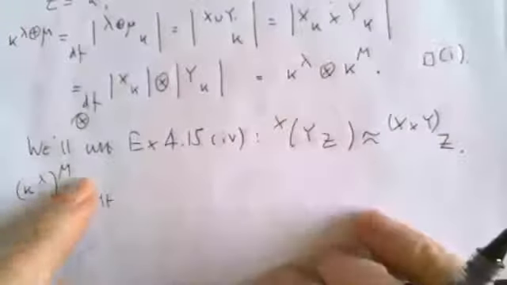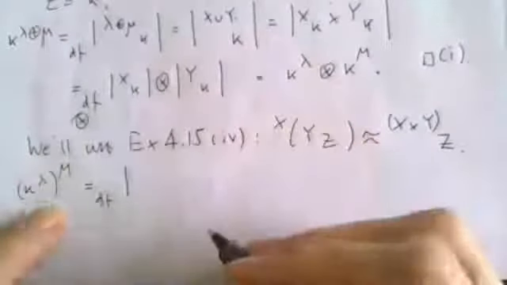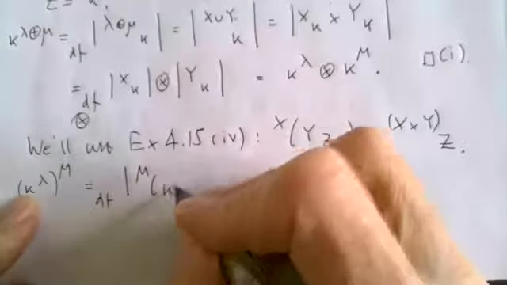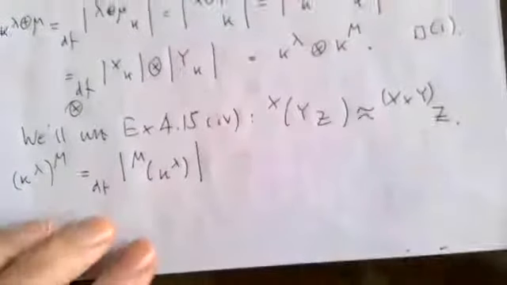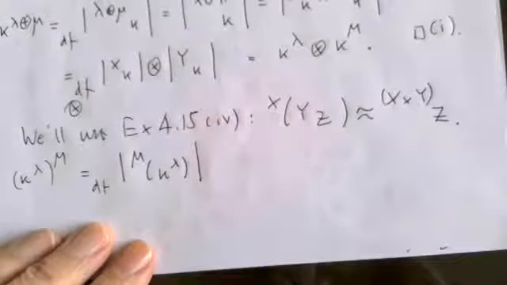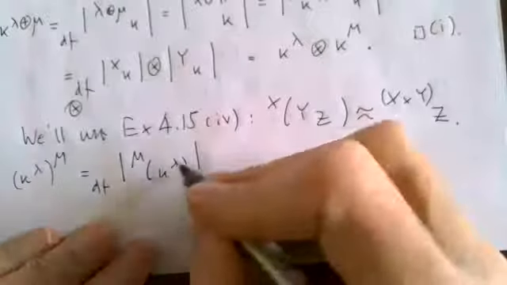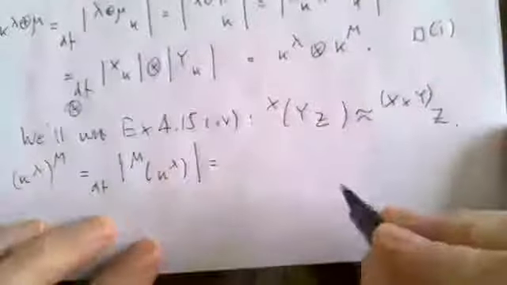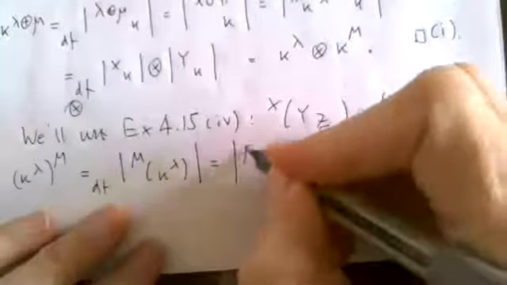So the definition of cardinal exponentiation here is the size of the set of functions from mu into this set. This is a cardinal number, so I'll replace that with its definition as well.